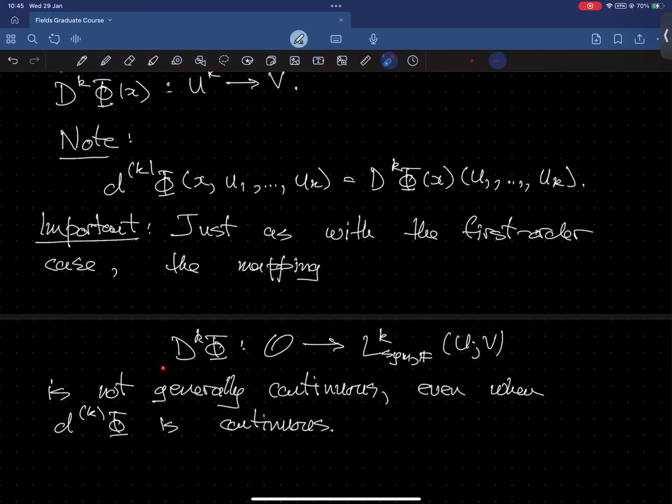So even to talk about continuity of this thing, it's not clear how you even do that. So this thing is continuous, even though this may not be. And moreover, the mapping which takes a multilinear mapping and substitutes in values, like the evaluation map that we saw last time, is also not generally continuous.